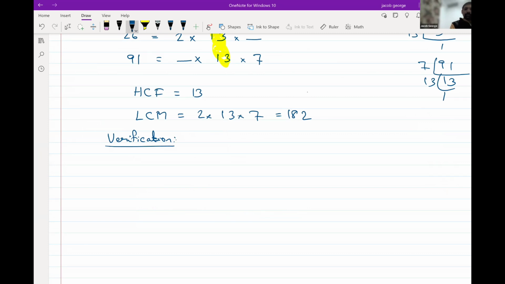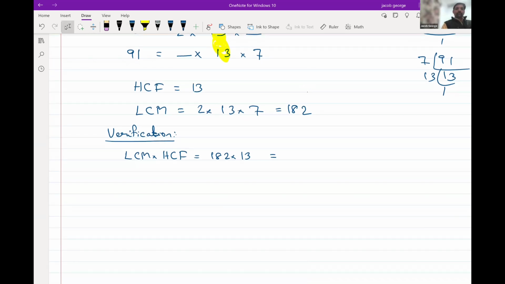Yes, this is the verification. First of all, LCM into HCF is 182 into 13. Please multiply, children, and tell me. 2366. LCM into HCF is 182 into 13, that is 2366.